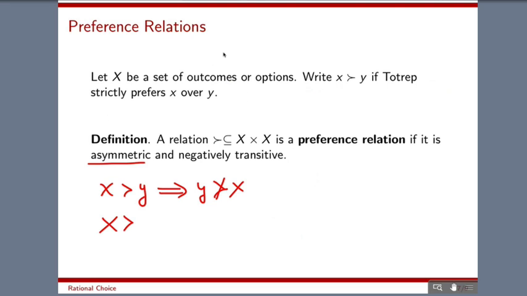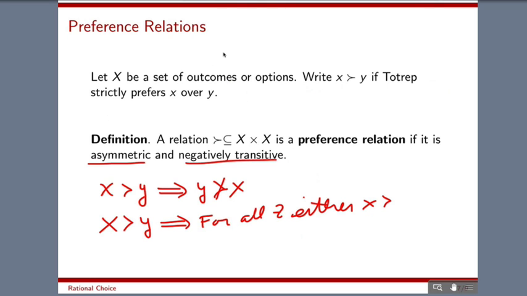We'll state it in its positive form. If X is strictly preferred to Y, then for all z, either X is strictly preferred to z or z is strictly preferred to Y.